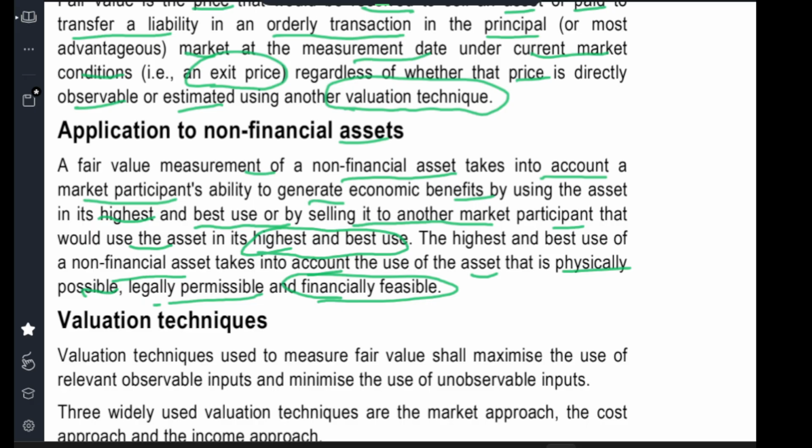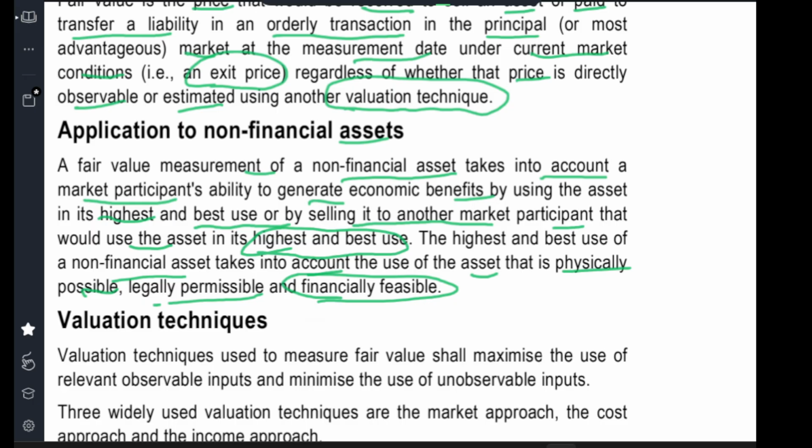The main point is to see whether the asset can be sold. First, is it physically possible? Second, is it legally permissible? We can't sell something that is illegal. Third, is it financially feasible? Do we have the resources to sell this asset by incurring such cost?